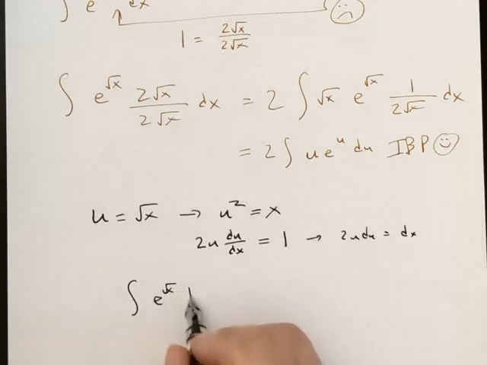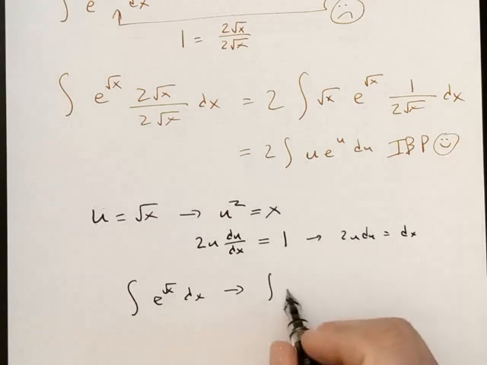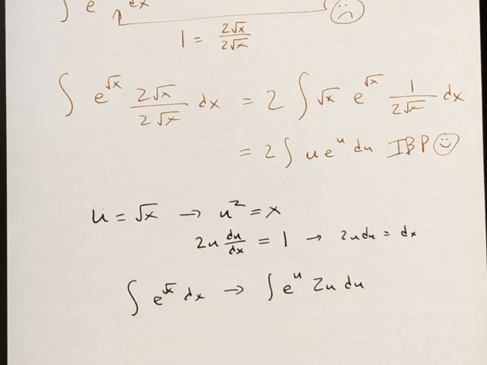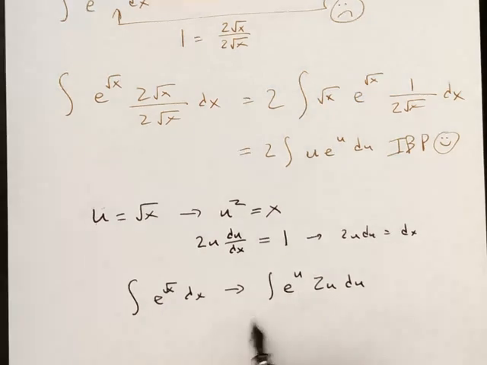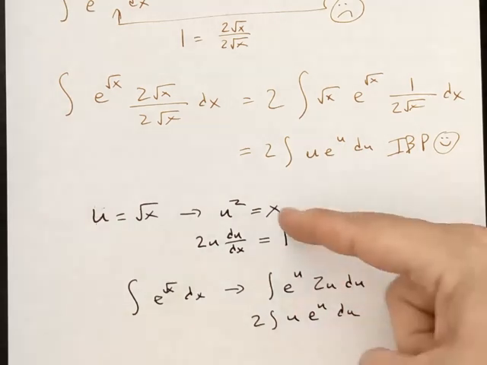The integral of e to the root x dx becomes the integral of e to the u 2u du. Take the 2 out front, put the u in front. It's the same problem, isn't it? Now, the reason I didn't show you that version first is because a lot of people hate this idea.